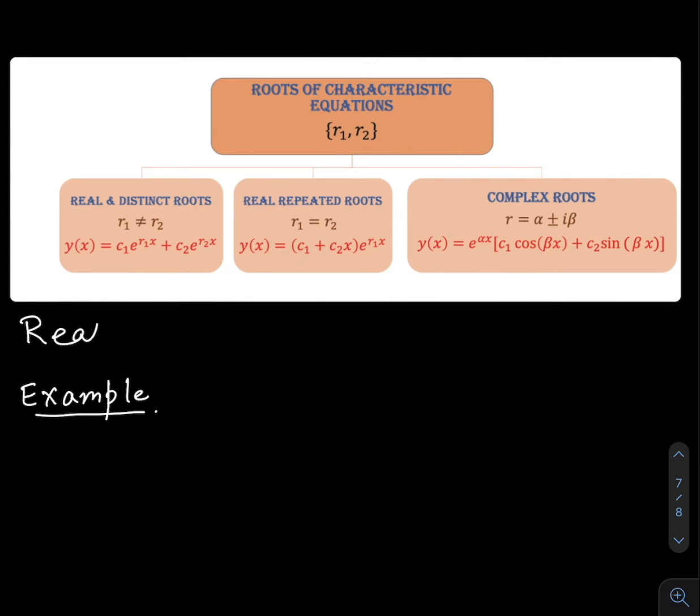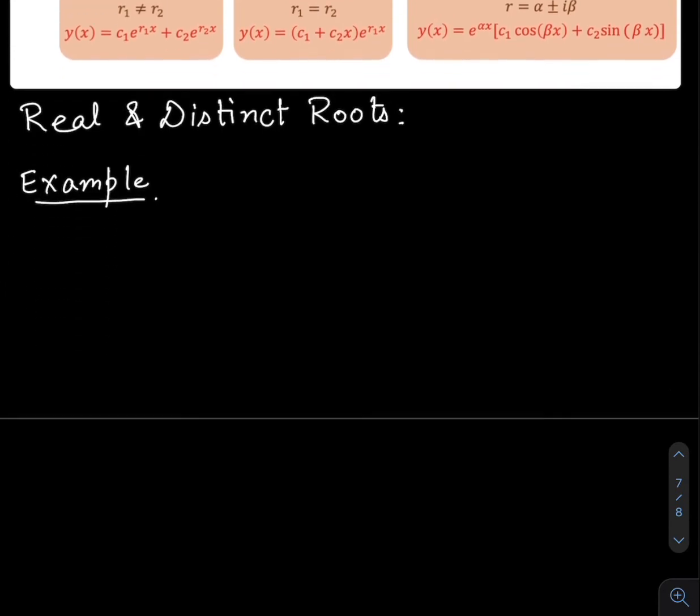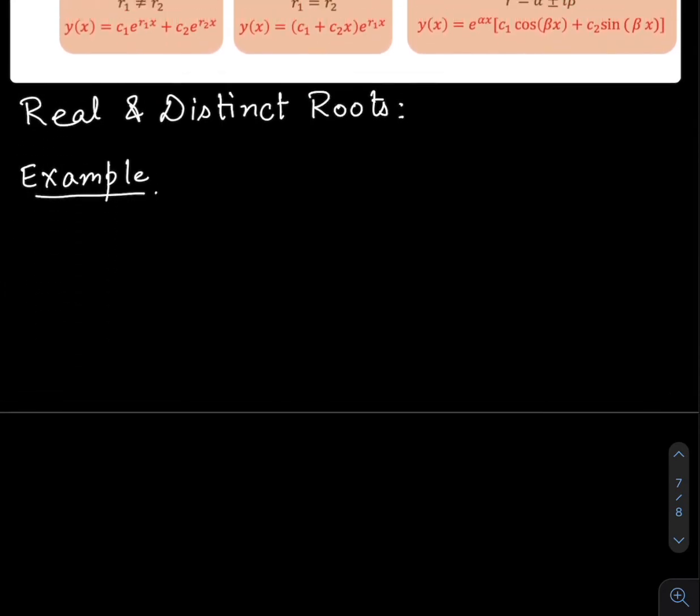So we are dealing with the case of real and distinct roots. Okay, so our first example is y double prime minus y prime minus 6y equal to 0. We want to solve this ODE.